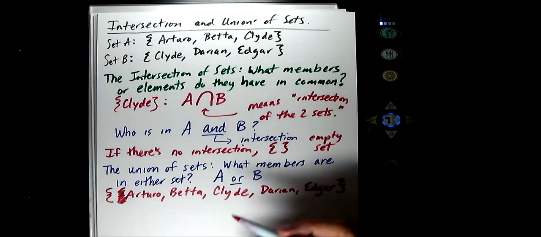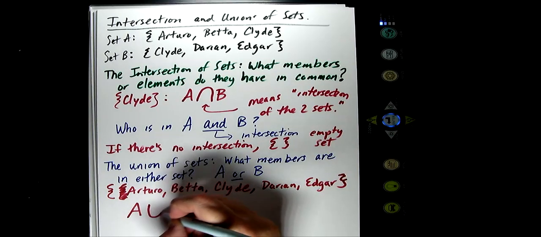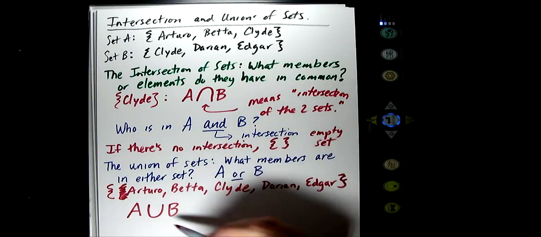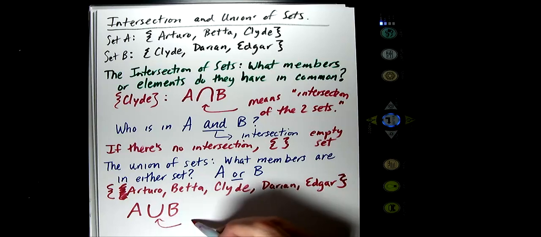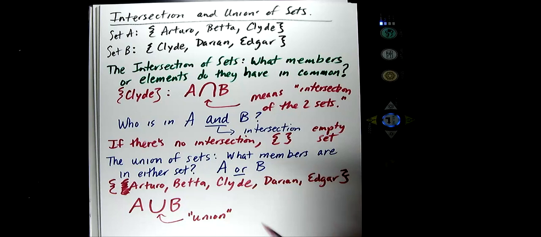All right, they don't say A or B, they will say A with a big fat U. This means union. Almost the exact opposite.